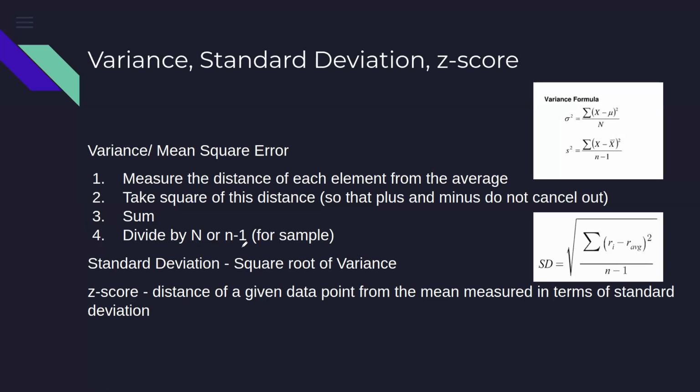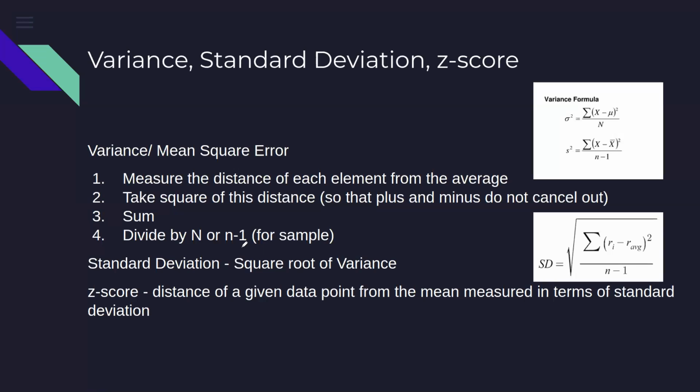Now, why for a sample do I take n minus 1? That is something that we don't need to get into. That goes into some deeper theory of statistics, that is, why it gives us a better representation compared to dividing by n if we are talking about a sample. So we'll not go into that.